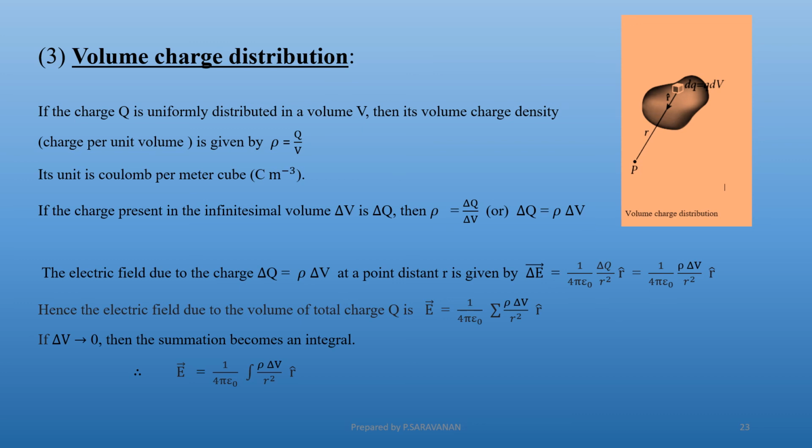If delta V tends to 0, then the summation becomes an integral. Therefore, the electric field capital E is equal to 1 by 4 pi epsilon naught into integral of rho delta V by r square into r cap.